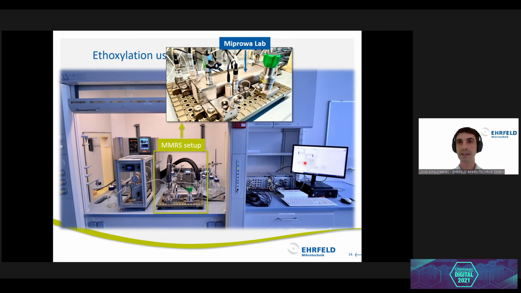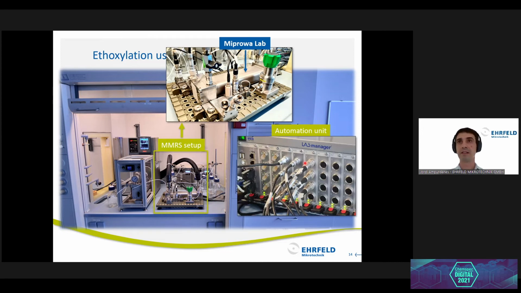On the right-hand side, we have the automation unit. For us, automation unit means the hardware, the so-called lab manager supplied by High-Tech Zhang, but not only the hardware part, also the software part, which is the lab vision.